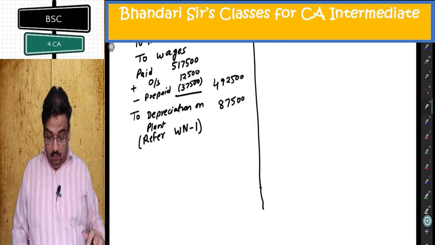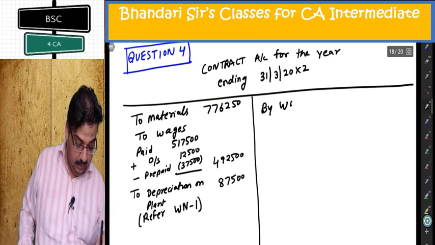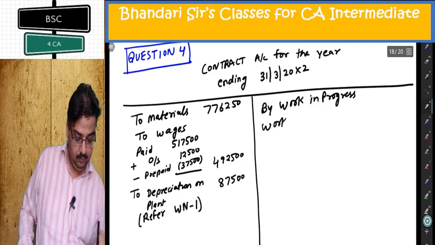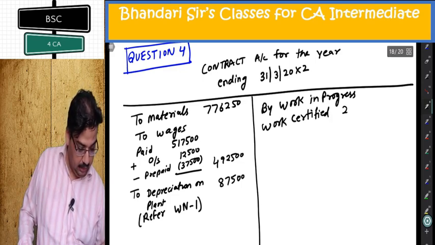Next, work certified and uncertified. On credit side I go. By work in progress, work certified 22,50,000.